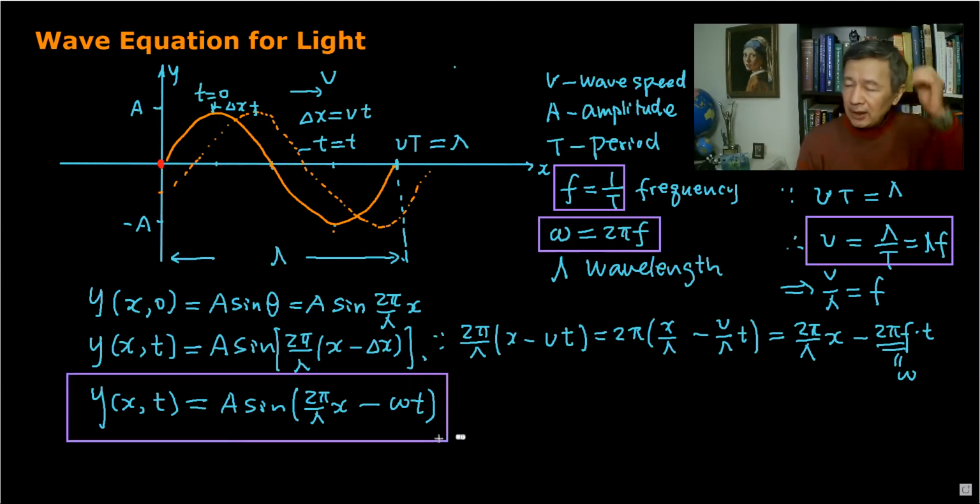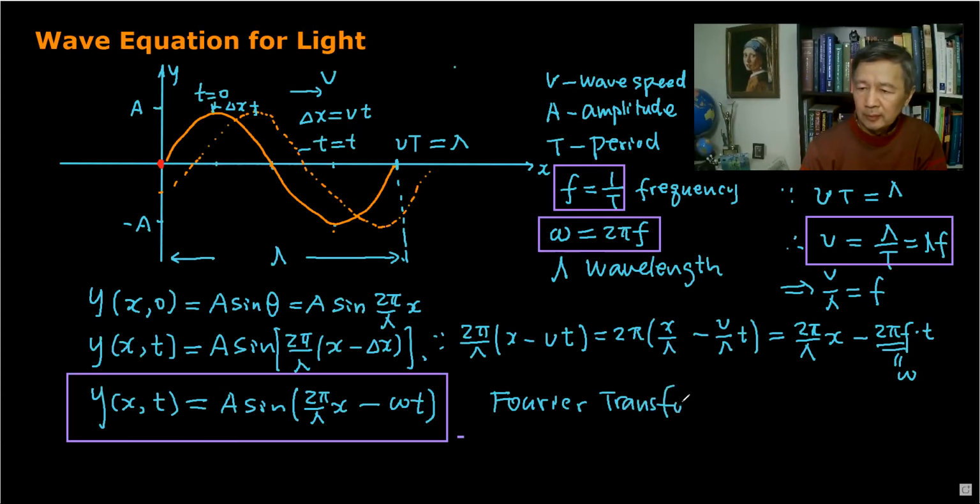Of course, in the real case, the wave cannot be as simple as just a sine wave, but it doesn't matter because, according to the Fourier transform, any oscillation can be considered as a linear combination of sine waves.